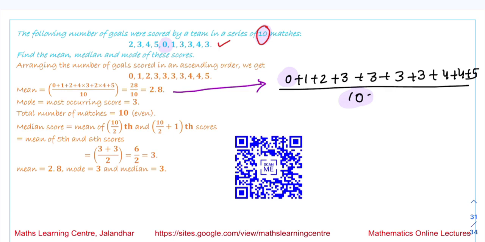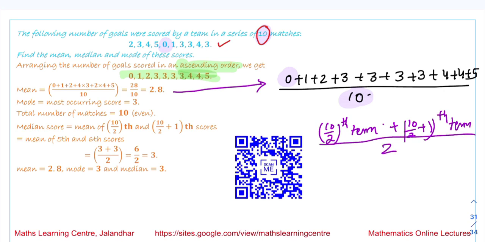Next, for the median, we are saying it is the 10 by 2th term. We have arranged them in ascending order. And we are talking about the 10 by 2th term plus the 10 by 2 plus 1th term, divided by 2.